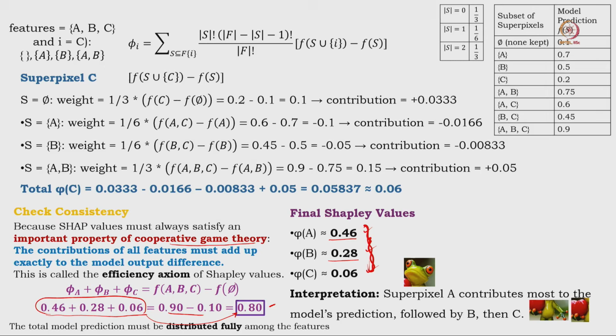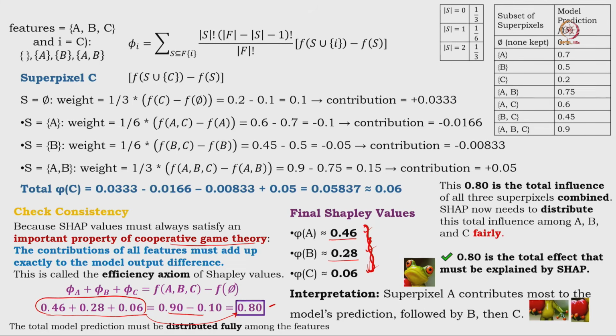The importance computed by the SHAP values are correct. So, it has to be distributed fairly; it is the total effect that must be explained by the SHAP, that is the 0.80.